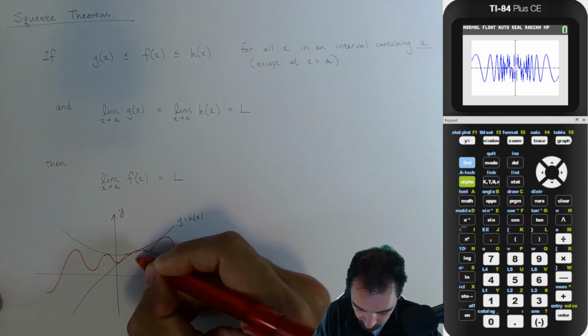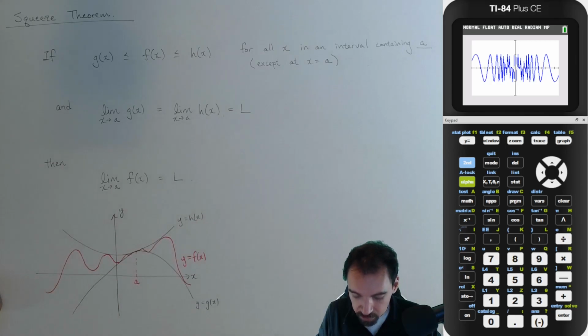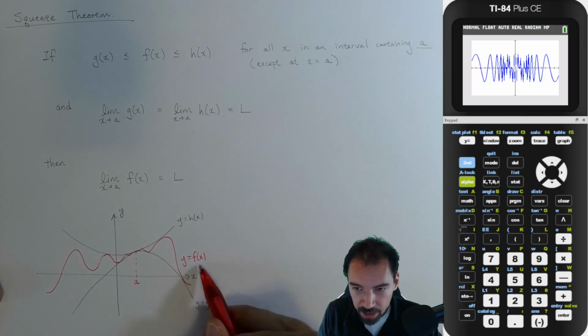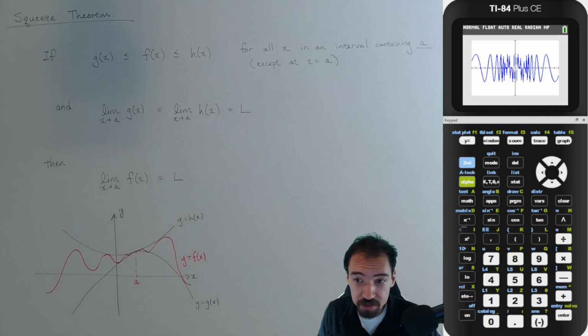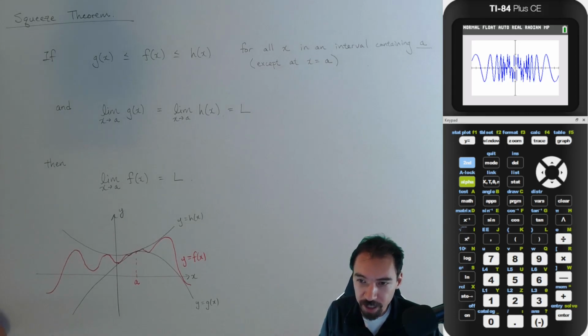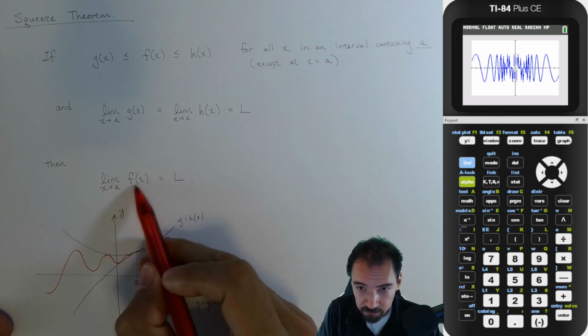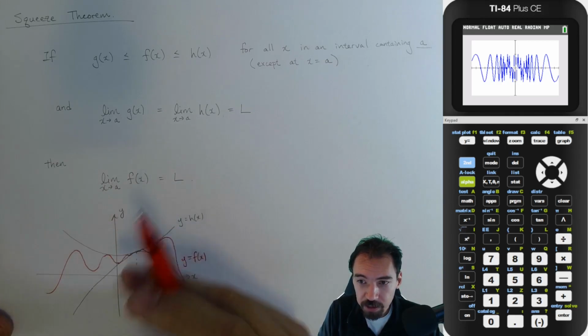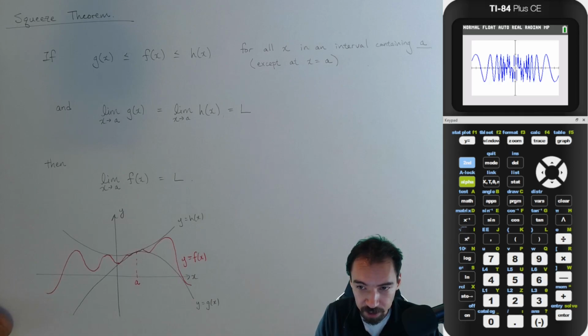And h of x on the top is always greater than or equal to f of x. And specifically at this value a, let's just imagine that f of a isn't a value. So f of a doesn't exist. And furthermore, let's imagine, kind of like in the previous problem, the limit of f of x as x approaches a isn't something you can obviously find.